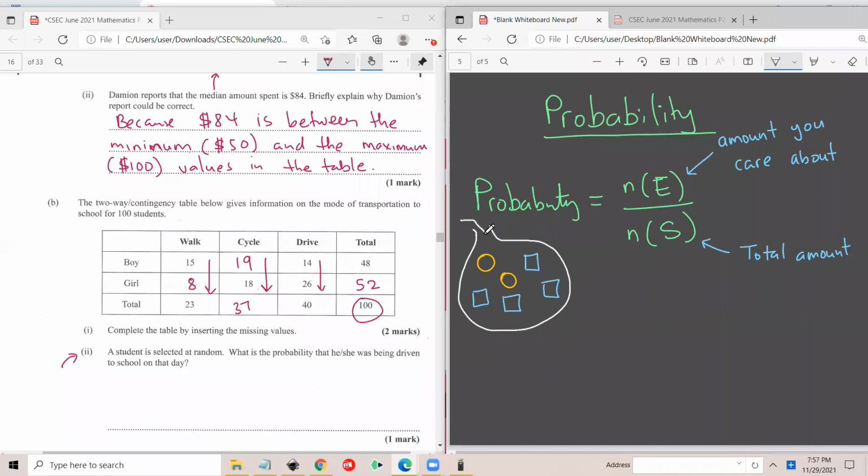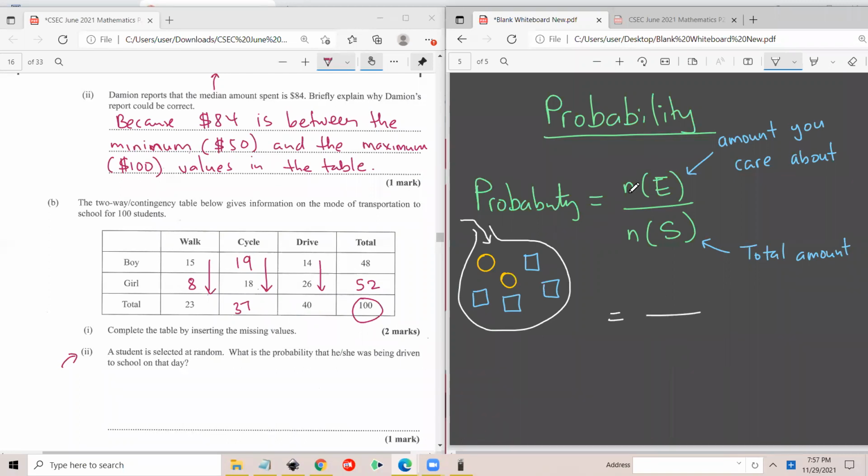So we dip our hands inside, and you either get a blue biscuit or an orange biscuit. If I ask you what's the probability of getting an orange biscuit, let's say you already want an orange biscuit, and I ask you to calculate the probability of getting it.